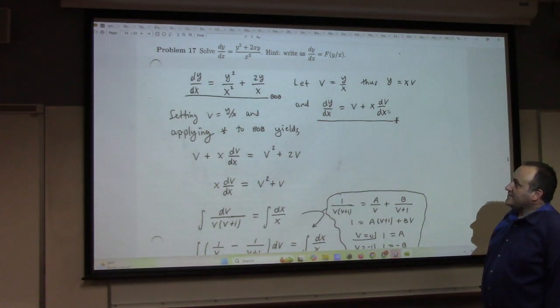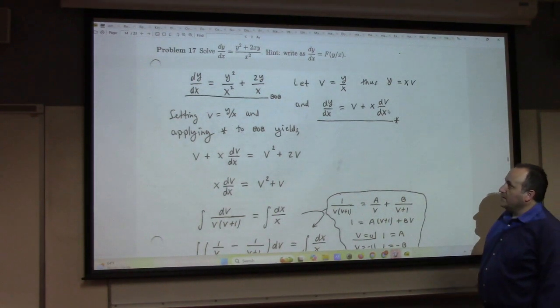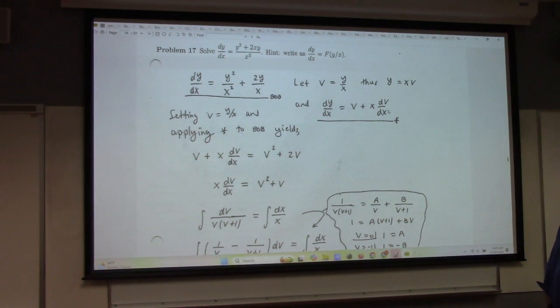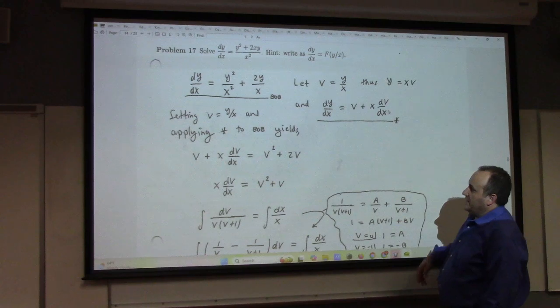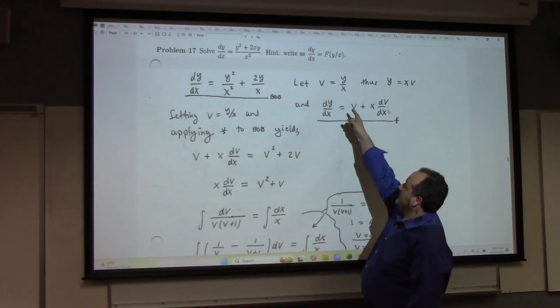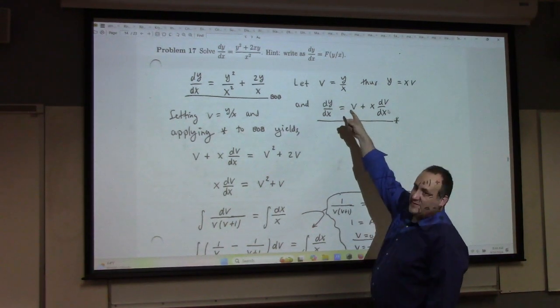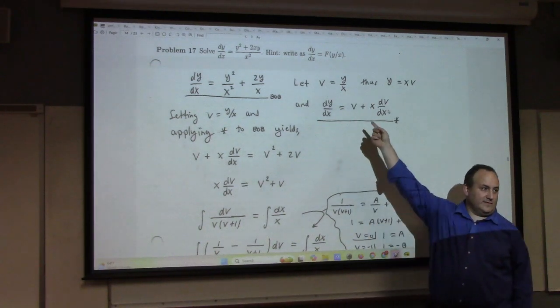Okay. So when we do the algebra, we get y squared over x squared plus 2y over x, which is v squared plus 2v, I believe. When I see something like v equals y over x, I don't differentiate that, because it's just ugly.